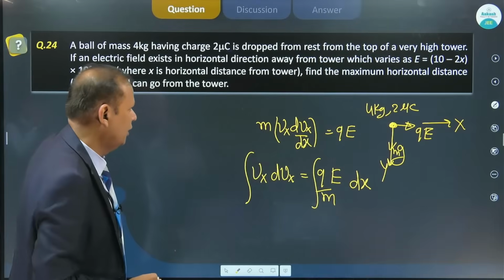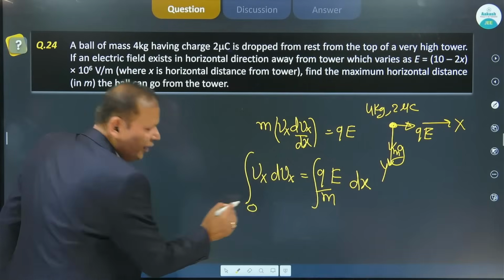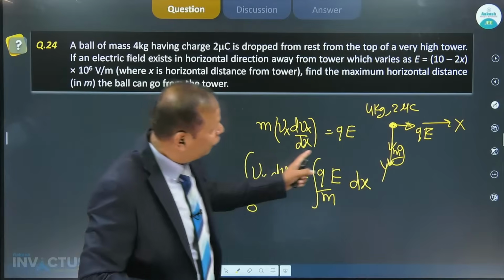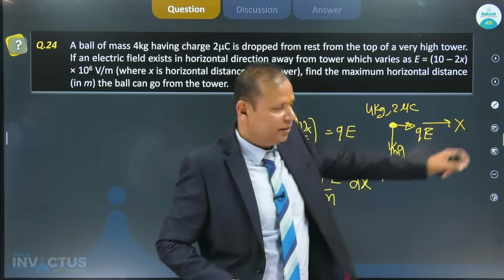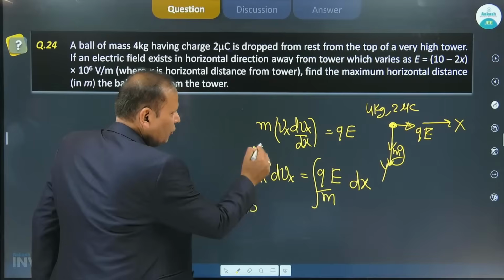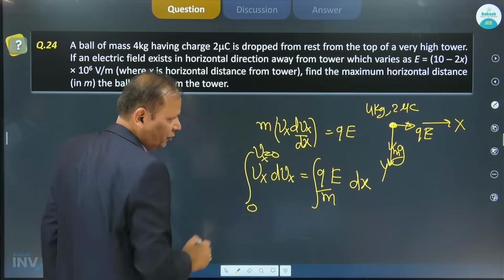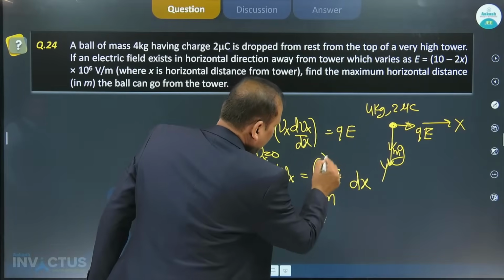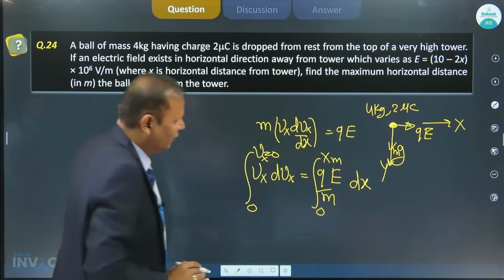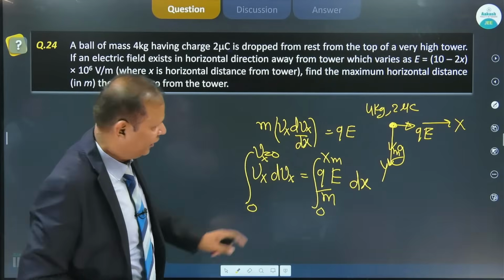Initially Vx is 0. When it reaches the maximum distance, certainly Vx will be 0 also. So, integrate from 0 to x max. And you know Q by m is constant.